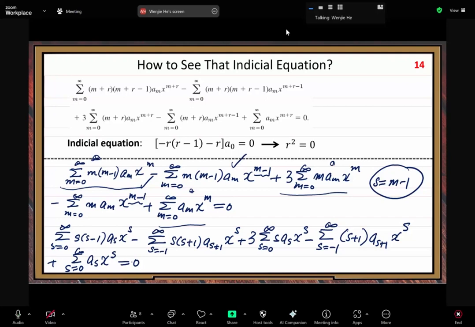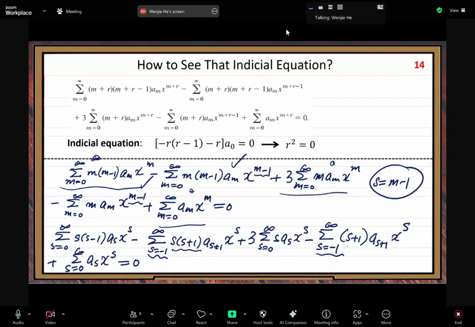All right, so here there is a step. Because the starting point of these two summations is s equals -1. But think about it: when s equals -1, the first term is 0, right?